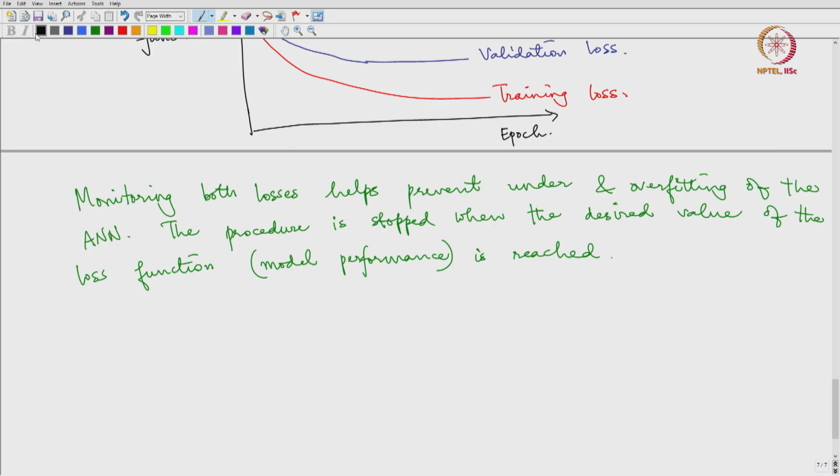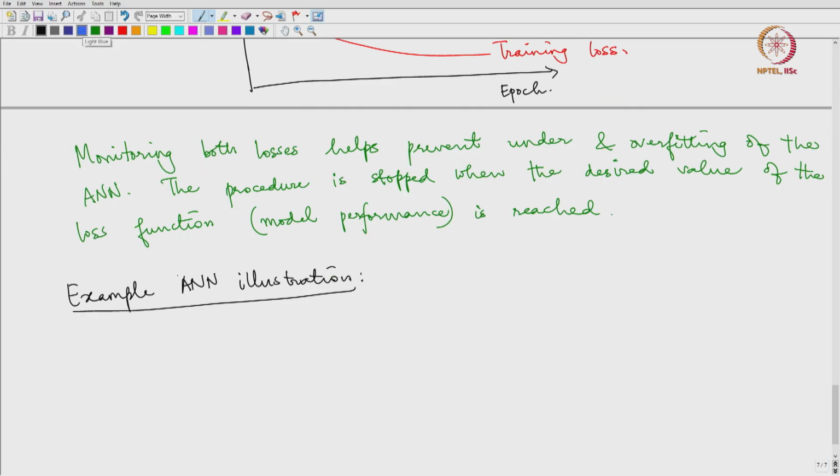Okay. So, now let us go ahead and see how we can apply this to the example network that we had considered. If you recall, we had an example ANN which we have been considering for the past few lectures, and please look up the notes from the previous lectures.